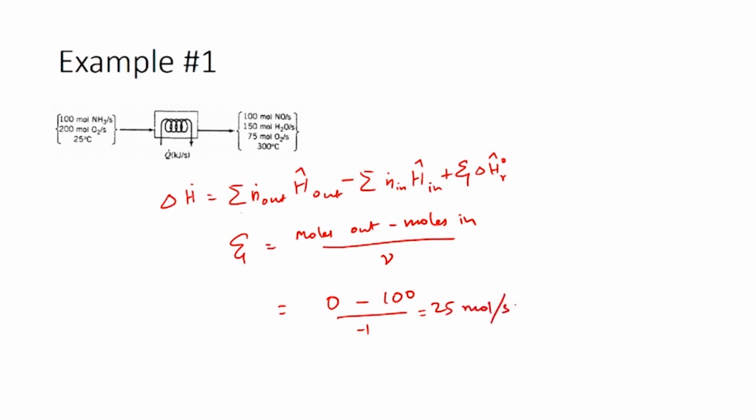So, extent of reaction is 25 moles per second, and you already have the heat of reaction, you have the specific enthalpies for the individual components in the outlet stream and the molar flow rates of the outlet streams. For the inlet stream, everything goes to 0.